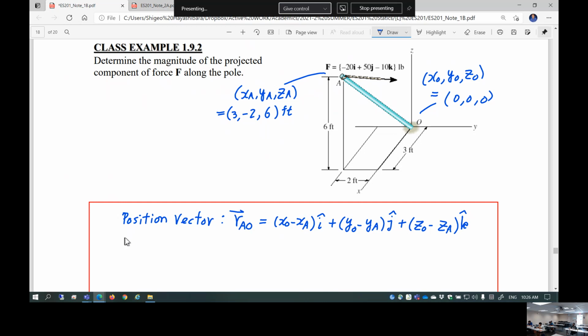So let's find the position vector AO. This is 0 minus 3, I, plus YO is 0, YA is minus 2, so 0 plus 2, J. Do you follow? And ZO is 0, ZA is 6, so 0 minus 6.